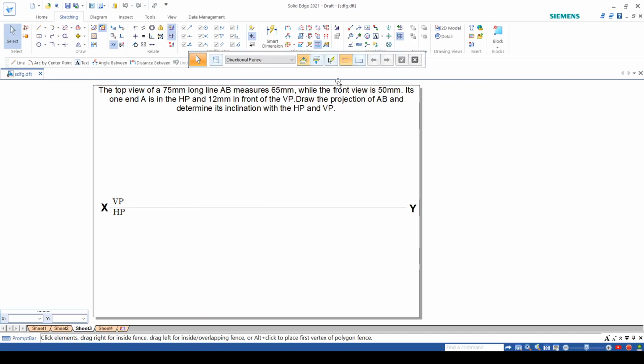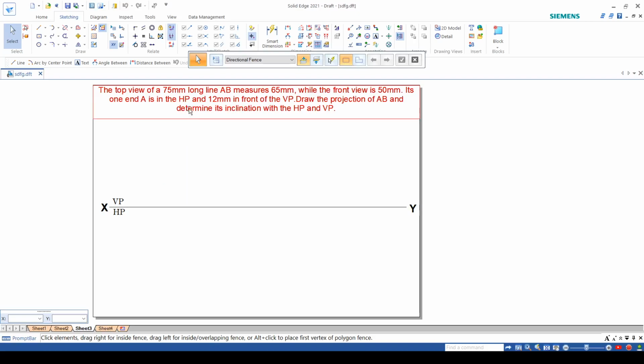Now first of all we would just create the front view. Here it's given. First, we can't just draw, we first read the question. It says A is in the HP and 15 mm in front.